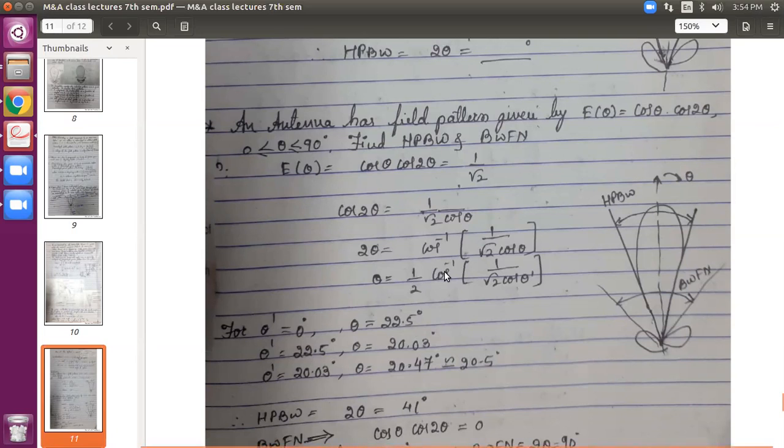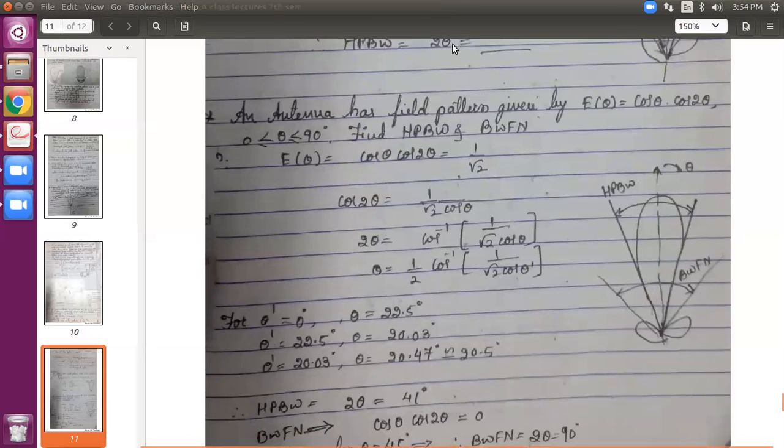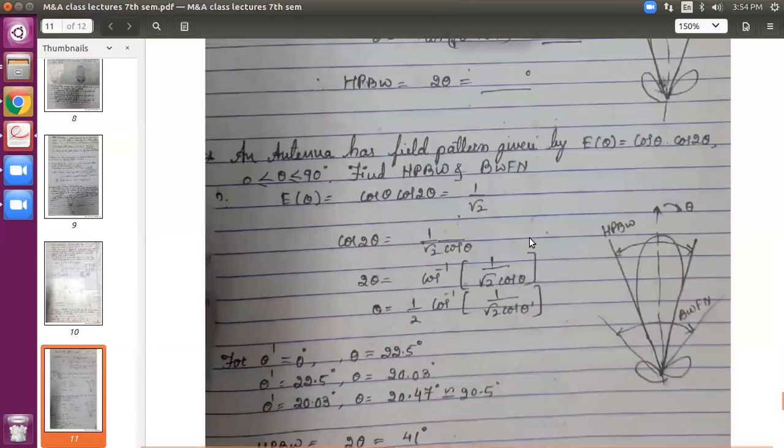Half of cos inverse of 1 by root 2 cos 0, cos 0 is 1. So 1 by 2 cos inverse of 1 by root 2. What value do you get? 22.5 you get.